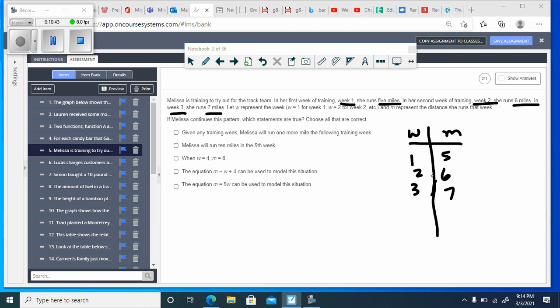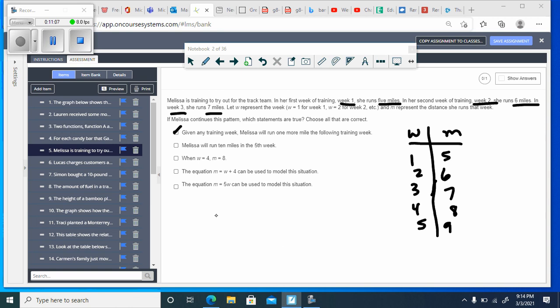Well, that's what this is saying, isn't it? Week 4 would be 8, week 5 would be 9, so on and so forth, right? So that's true. Melissa will run 10 miles the 5th week. No, it's 9, right? When week is equal to 4, M is equal to 8. Yep. The equation M is equal to W plus 4 can be used to model the situation.